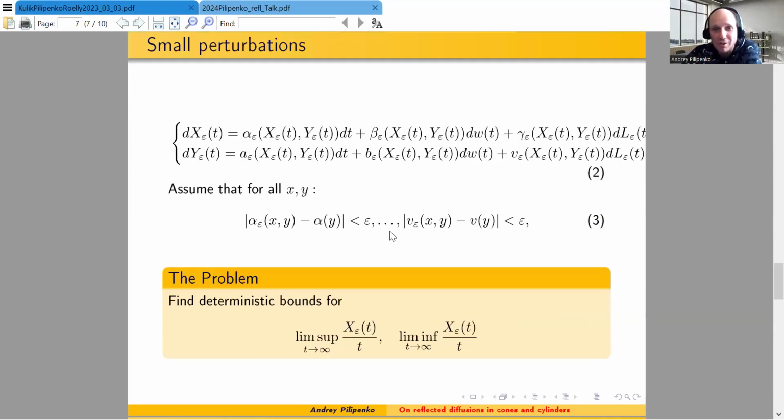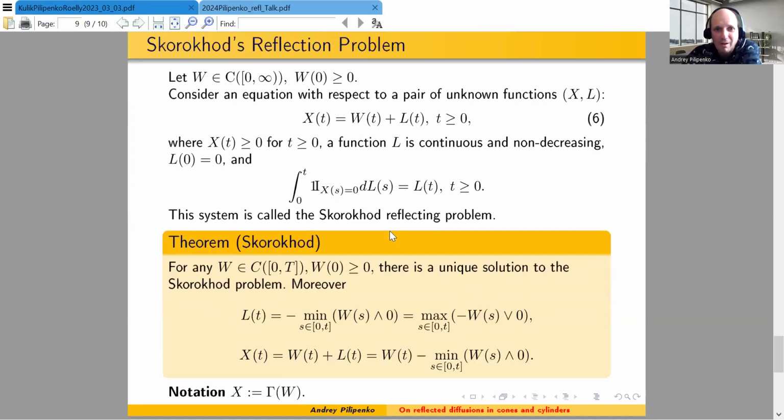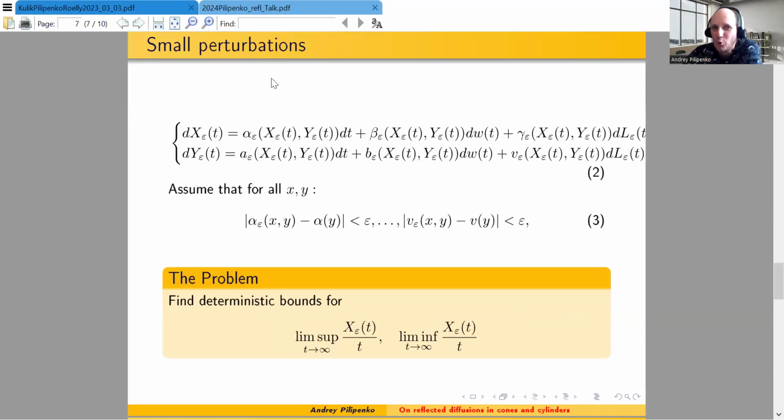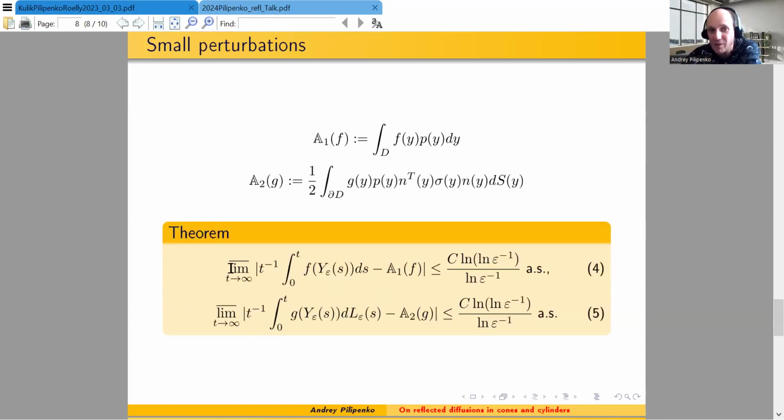Unfortunately, the proof of this result is very, very long, and it is not based on comparison theorems, because we don't have monotonicity for these perturbed stochastic differential equations.